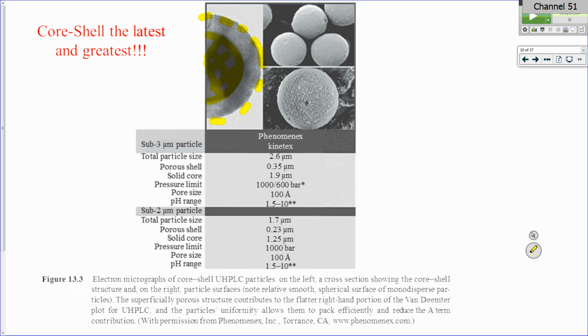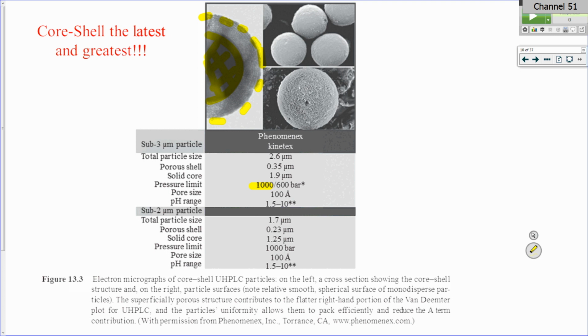So now you've got something that's got a pressure limit of up to 1,000 bar. Usually we run a column that's about a 5,000 psi limit, and that's a pump limit of about 5,000 psi. 3,000 is about an upper limit on the particle, but now you've got something that'll run 15,000 psi. So it's a lot stronger, more stable particle.